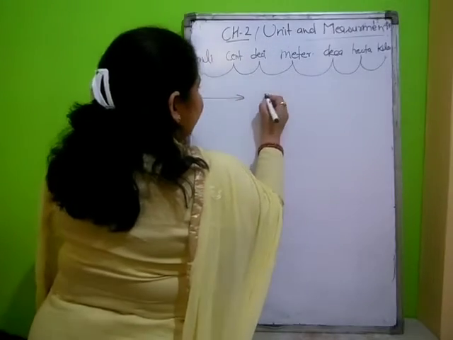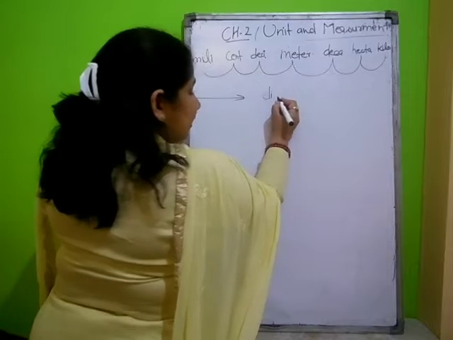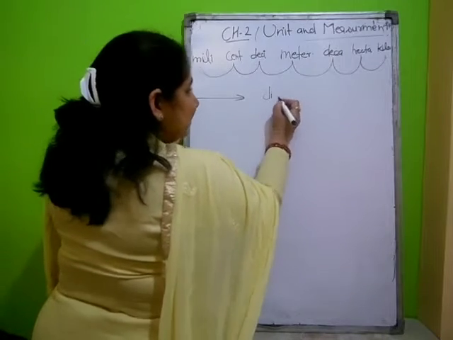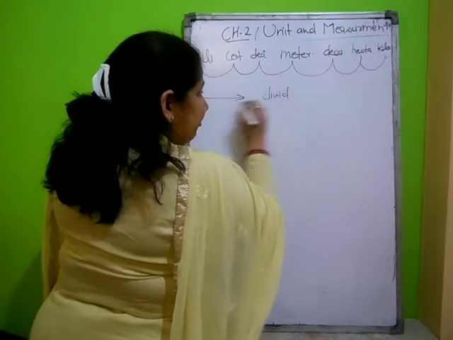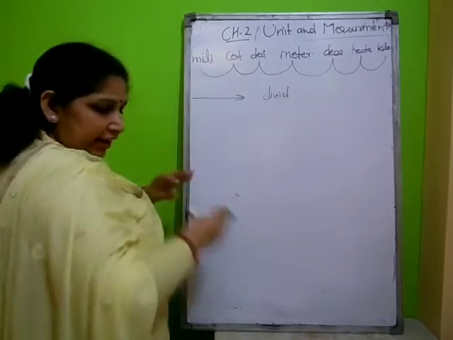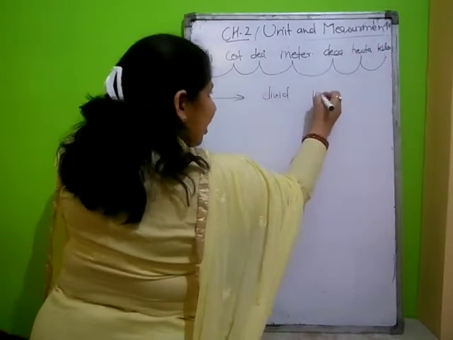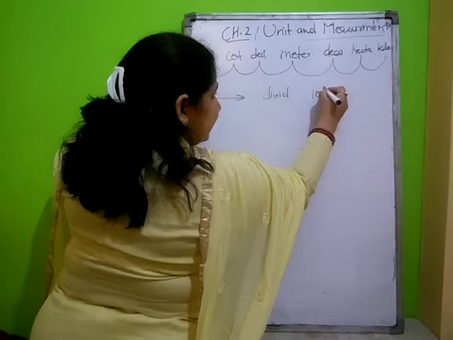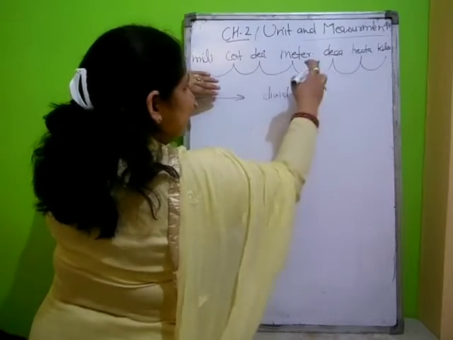it becomes small. Then we will divide. The result of division is always less. How much amount will we divide? We will divide by 10 to the power n, where n is the number of steps we move.